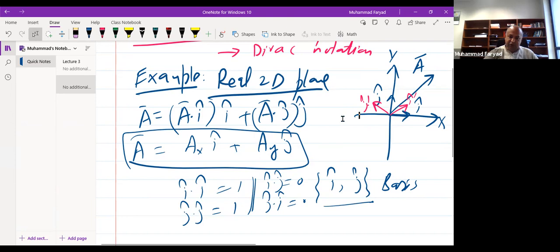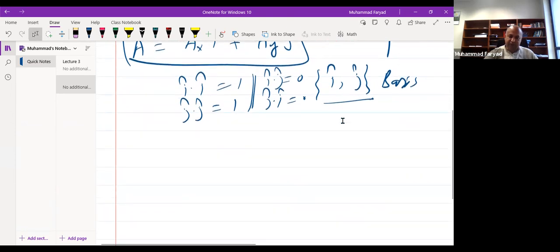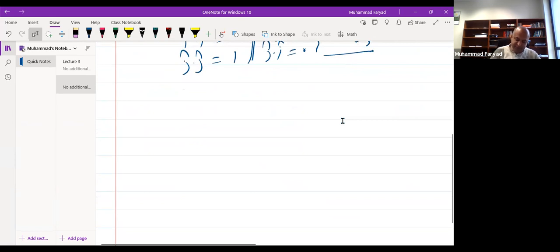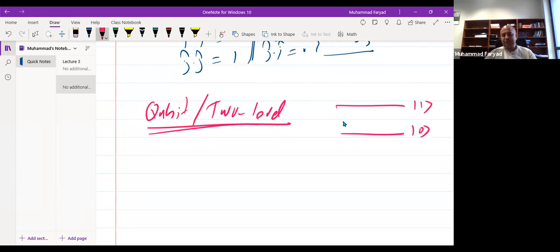Similarly, when we talk about Dirac notation, if I talk about a two-level system, which is a qubit, it means that we have two states, and we can represent one state with the symbol 1 and the other state with the symbol 0.